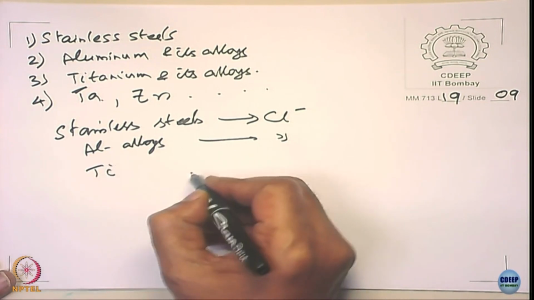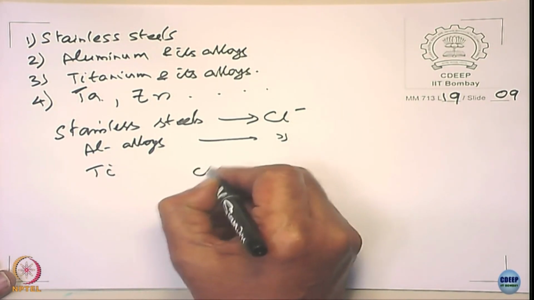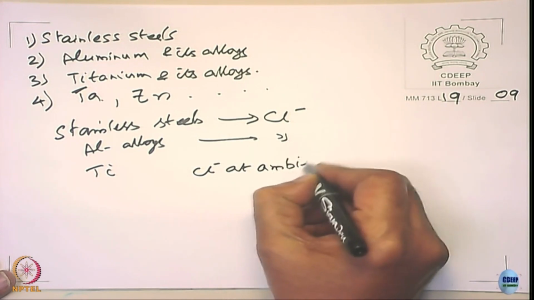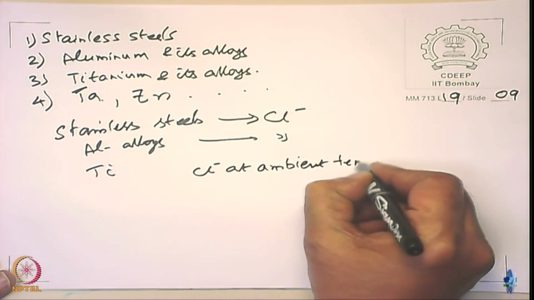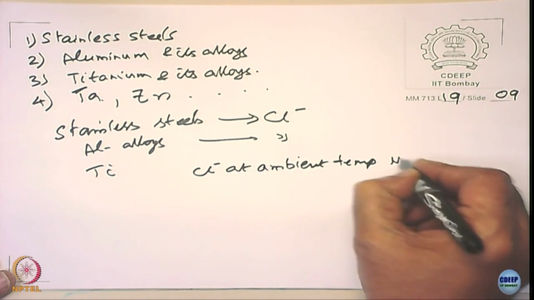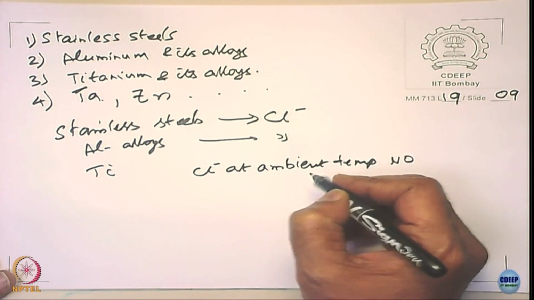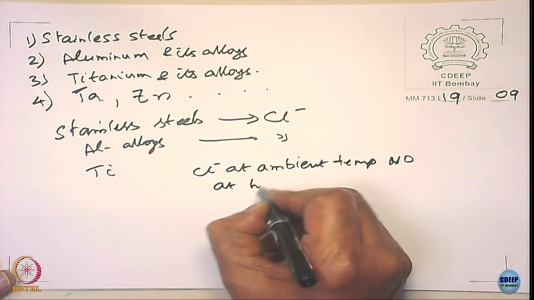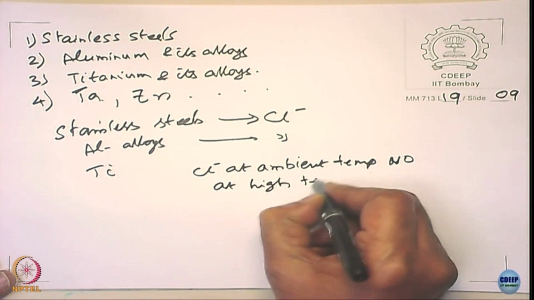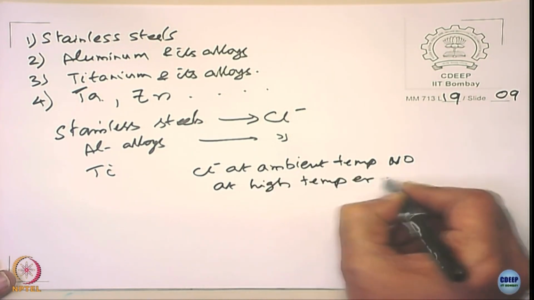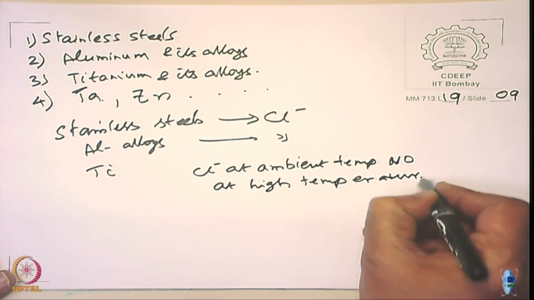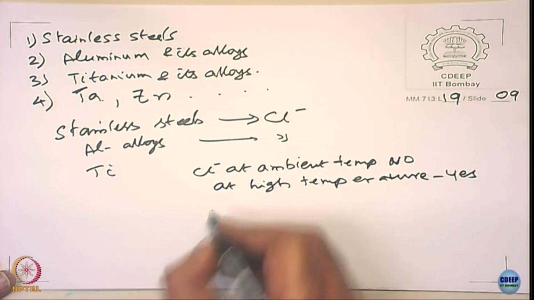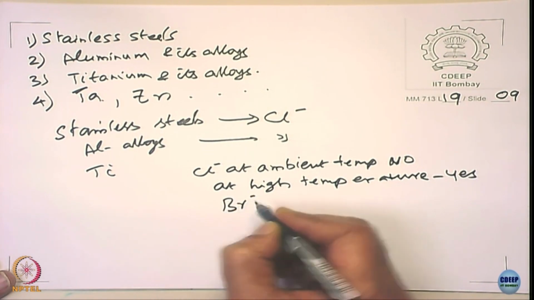Titanium in chlorides at ambient temperatures, no. At high temperatures, yes. But you can have, for example, bromide, which can pit.